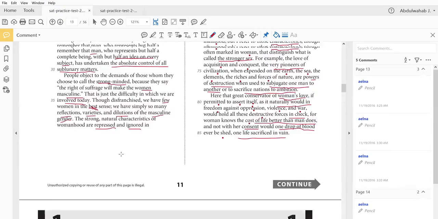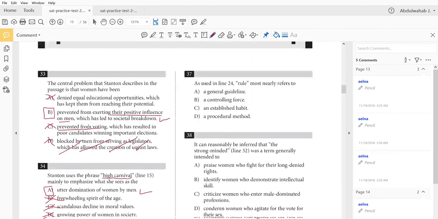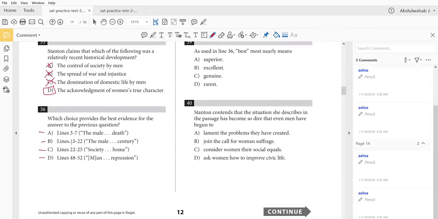And we know that we got our answer from this part, lines 15 to 22, right here. So if we have a choice like that, it's actually the correct choice immediately. I don't like to waste time on things that we could actually do in a few minutes. You can go through each one of those options, but I'm very confident with B.